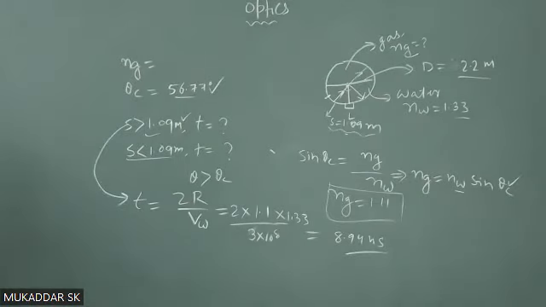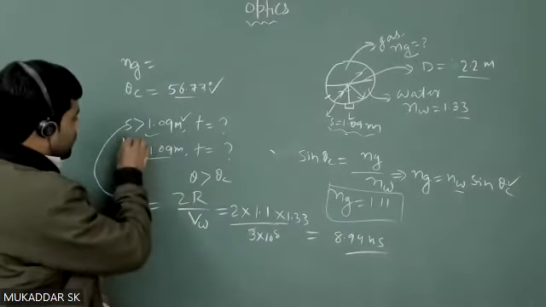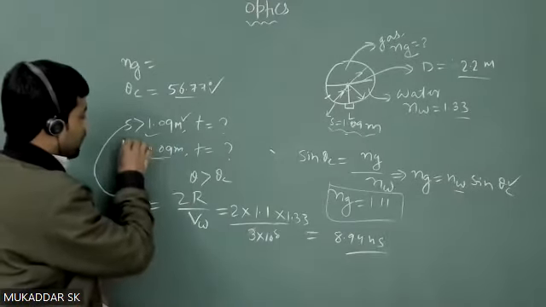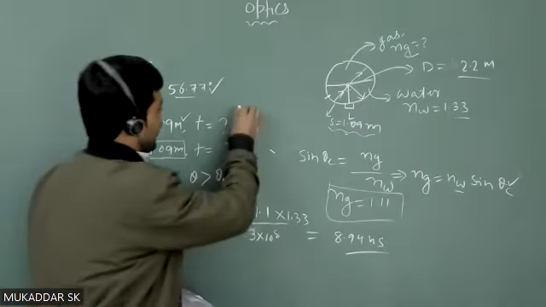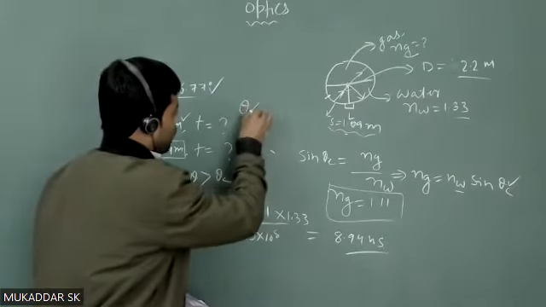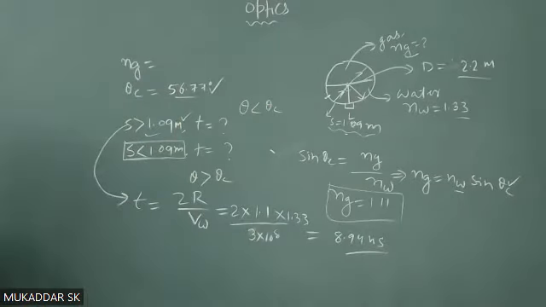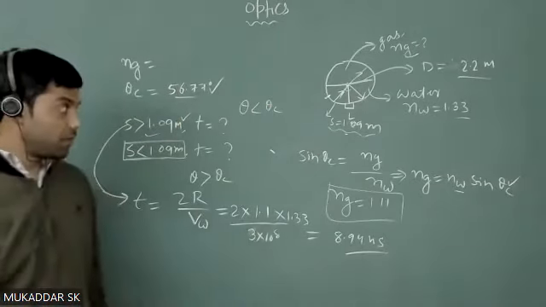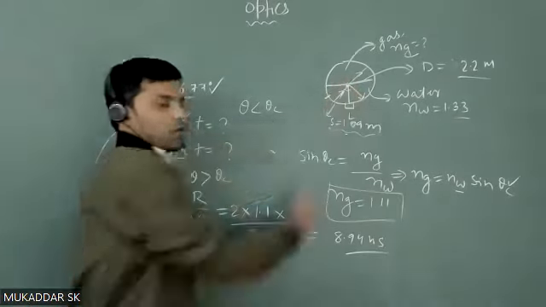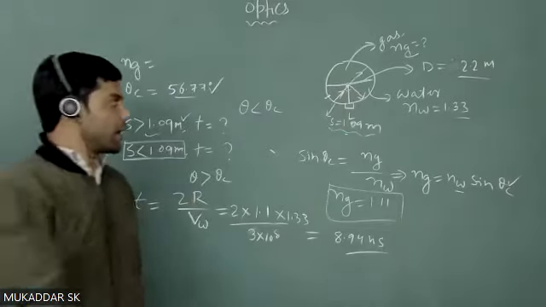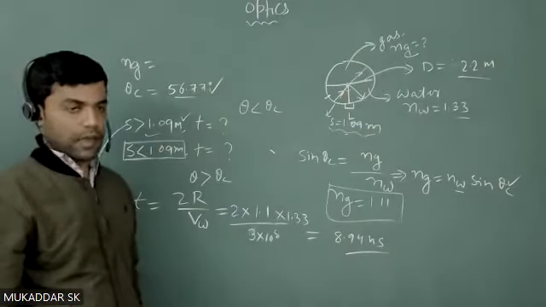When S is smaller than 1.09 meter, the angle of incident will be smaller than the critical angle. So at this situation there will be the phenomena of refraction, right? So half of the path will be traveled through water and half of the path through gas.